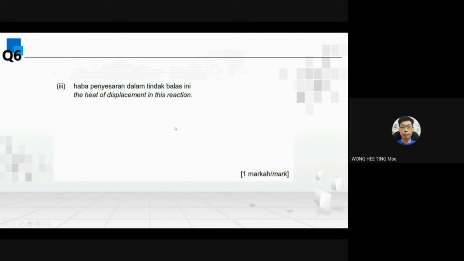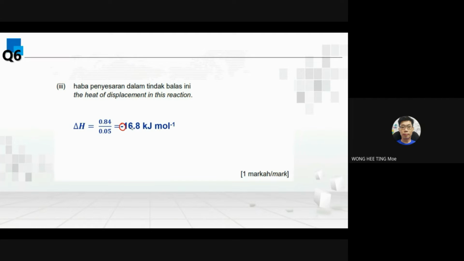It depends on whether you want to use kilojoule or joule. If you use kilojoule, it will be negative 16.8 kilojoule per mole. If you use joule, it will be negative 16,800 joule per mole. Both are correct, but you need to put in the negative sign to show it is an exothermic reaction.